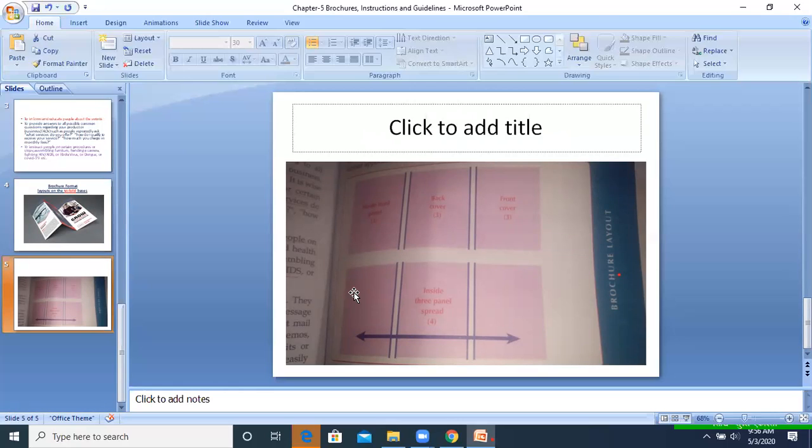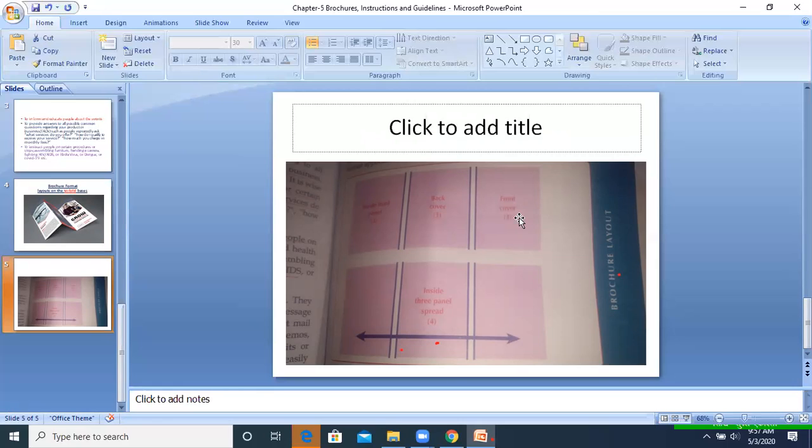Please unmute your sound and read out. Amisha, unmute. Sarita, unmute. What is written here where I am putting the cursor? Front cover.